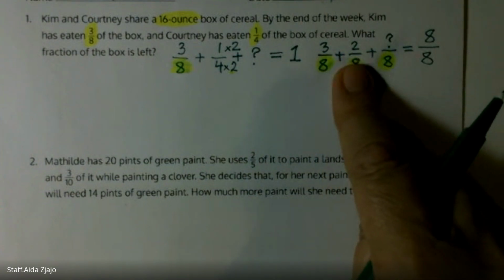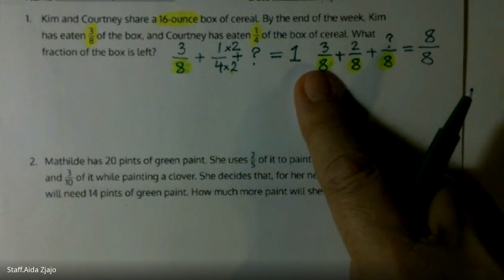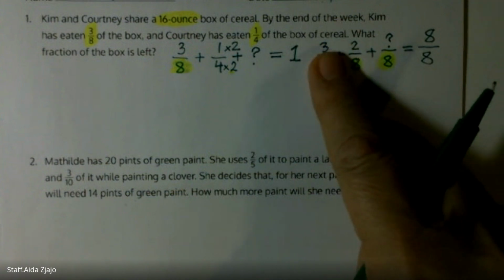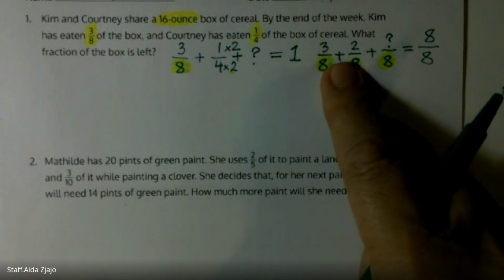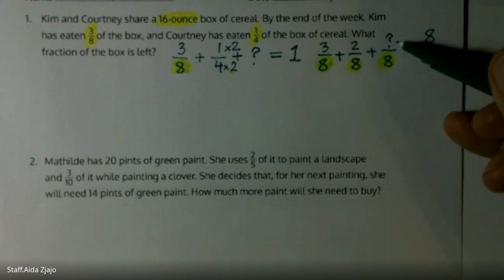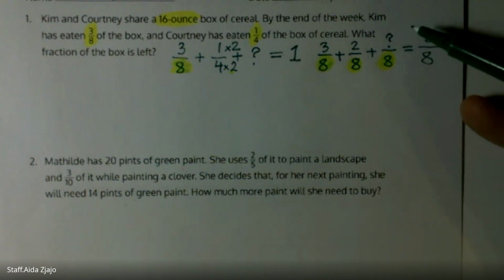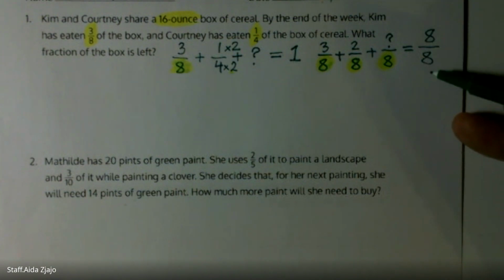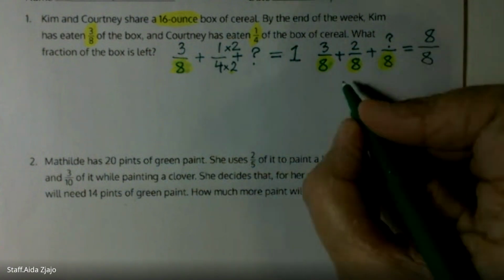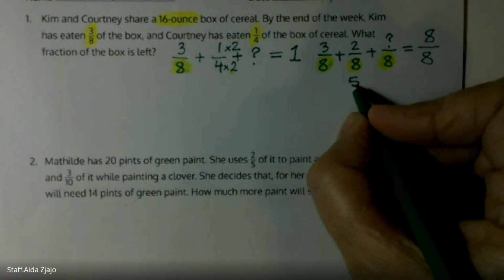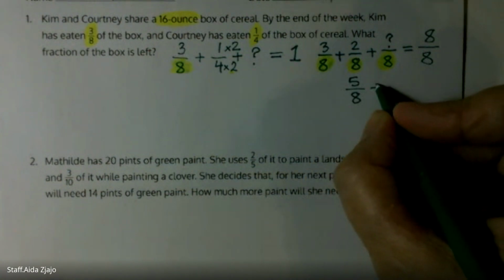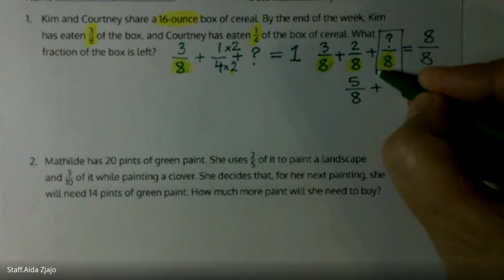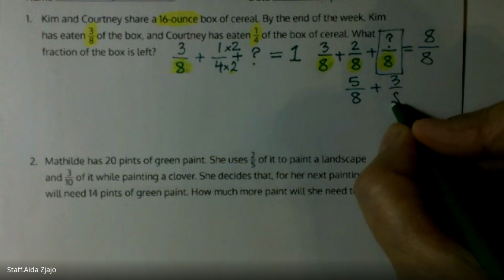If 3/8 Kim ate, and 2/8 Courtney ate, together they ate 5/8. So as you can see, 3/8 will be leftover because the whole box is 8/8. So 5/8 stay together, and then the unknown number would be 3/8.